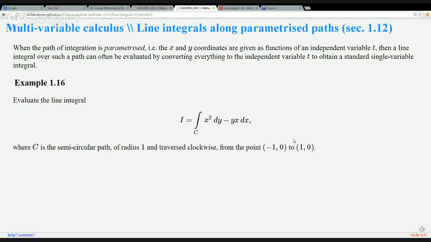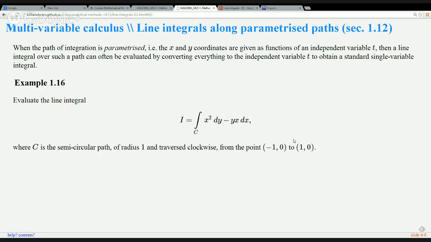And what does t have to do in order to describe this? Well, thinking of t as an angle, it has to start at the angle pi and then go down to 0.